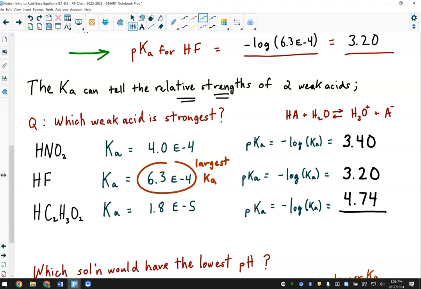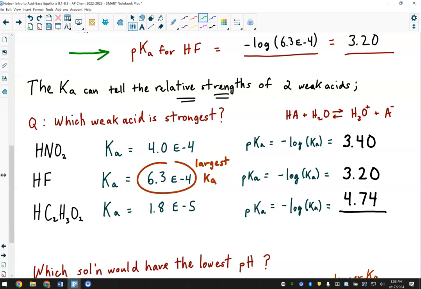That's going to be the one that makes the most product, and the one that makes the most product is going to be the one with the largest Ka, correct? So if you're given a list of acids and you're asked which acid is the strongest, now these aren't strong, these are all weak acids, but which one is going to produce the most hydronium, it will be that one. Or you could compare pKa's, in which case the lower the pKa, the stronger the weak acid.